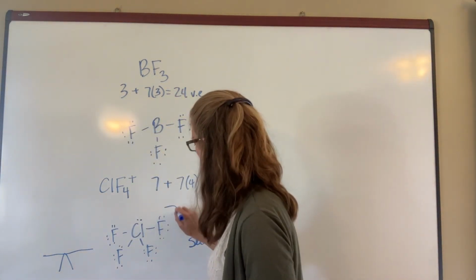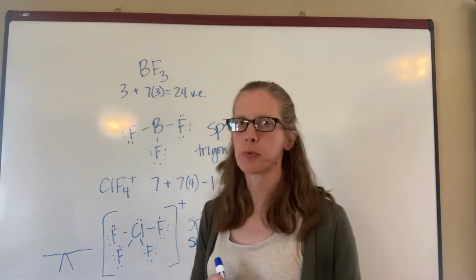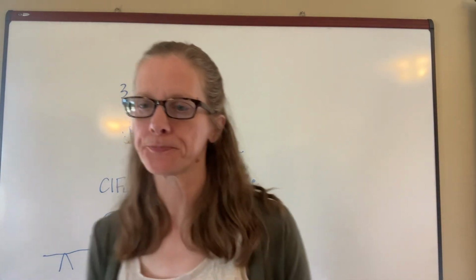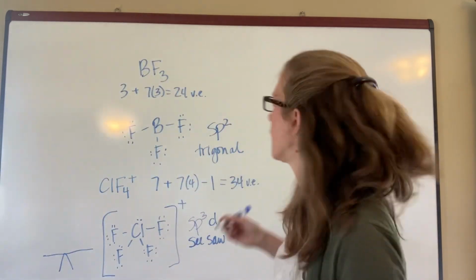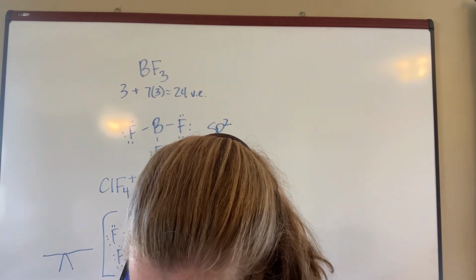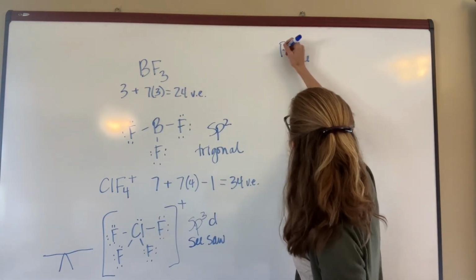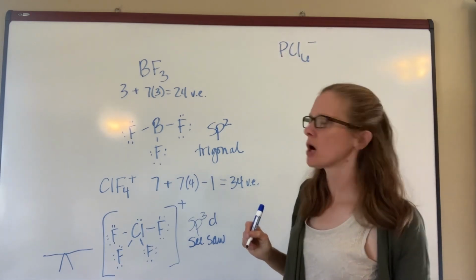All right. Now, because this was an ion, we also want to make sure that we put brackets around it and put a plus up there to show that it had a charge on it. All right. The next one that he gives us is PCl6 with a -1 charge on it.